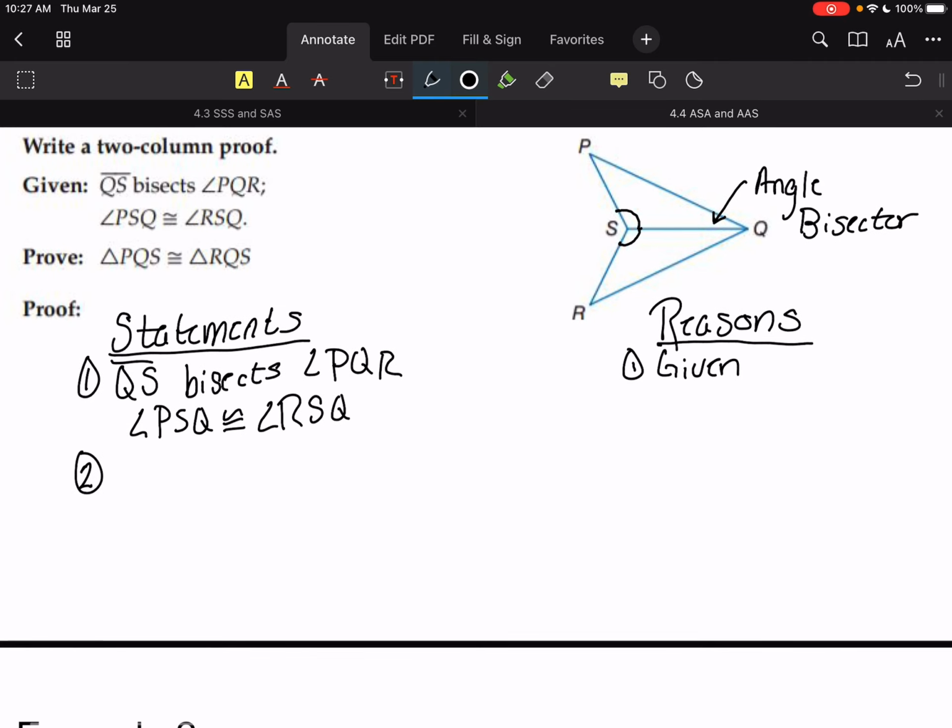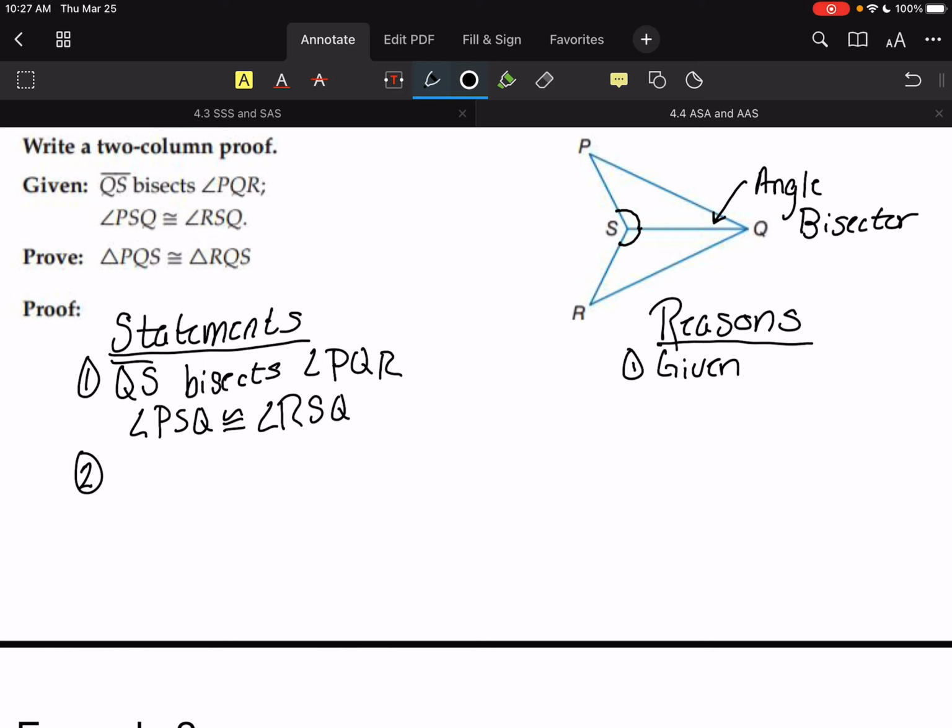All right, so let's talk about this. We're going to start working with that angle bisector, because we know angle bisectors take an angle and cut it in half. The definition of an angle bisector is that it takes one angle and cuts it in half perfectly.